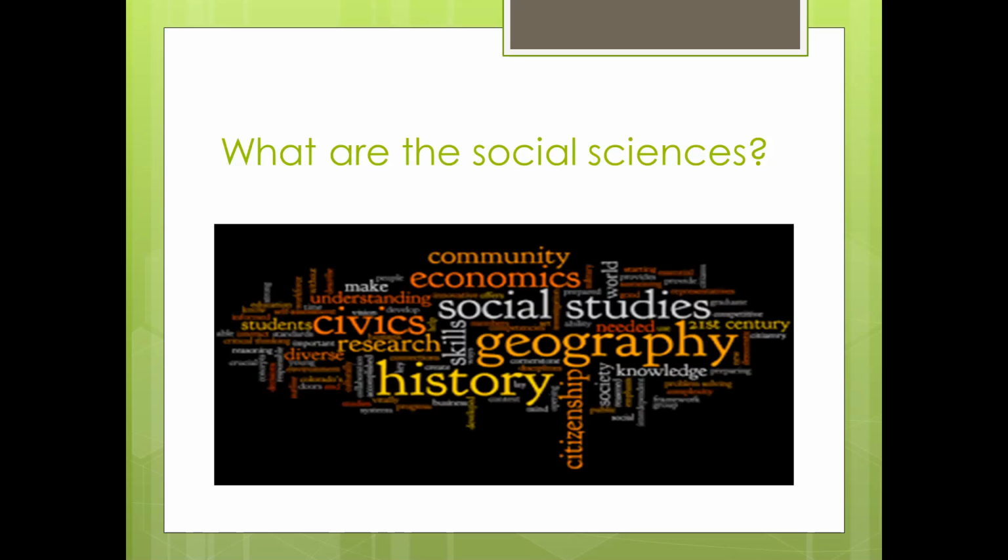What are the social sciences? Well, essentially, as you can see here, the social sciences are any of those classes that contain a study of or are focused on the development of human beings, how they relate to one another, how they relate to the larger society, and how those ideas connect one to the other.